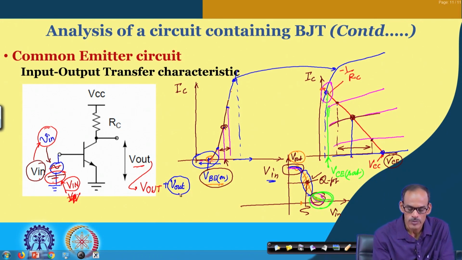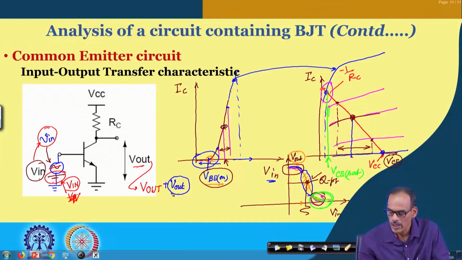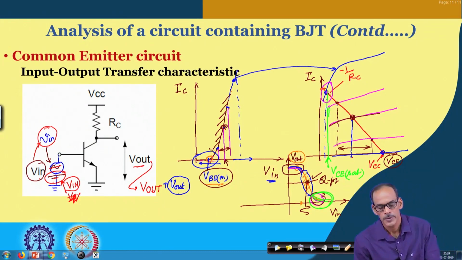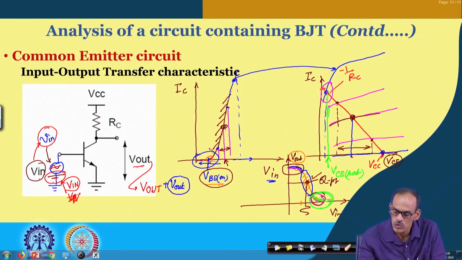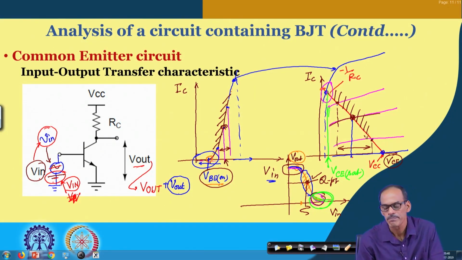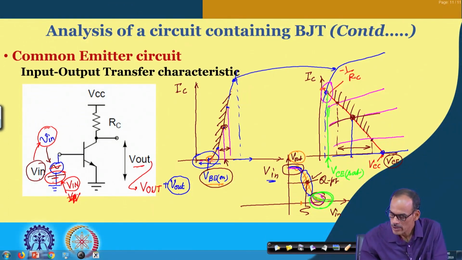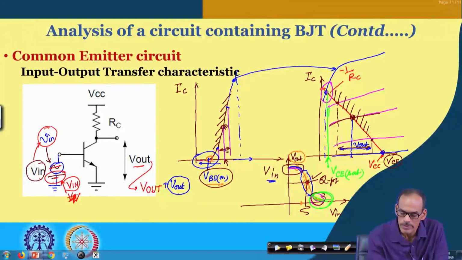From this input to this output, of course, we are expecting a gain. What did we say? The slope of this transfer characteristic and the load line slope define the gain from v in to v out. So we have this v out, and this part is small v in.